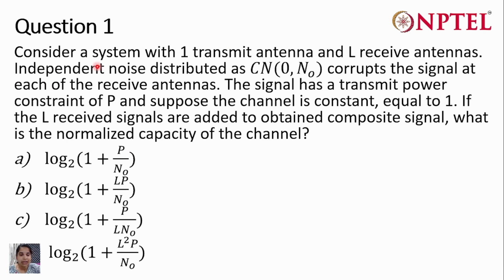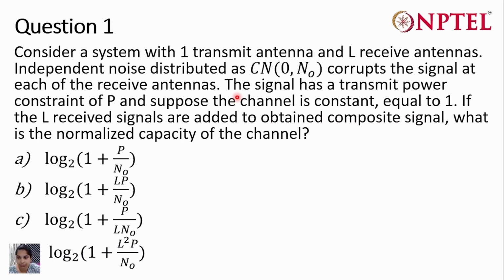Okay. Consider a system with one transmit antenna and L receive antennas. Independent noise distribution corrupts the signal at each of the receive antennas. The signal has a transmit power constraint of P, and suppose the channel is constant.